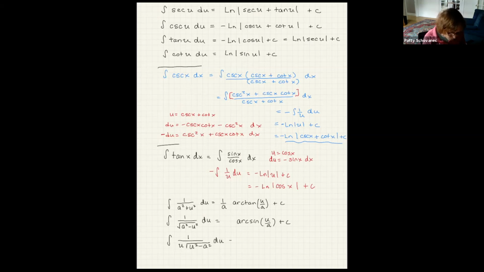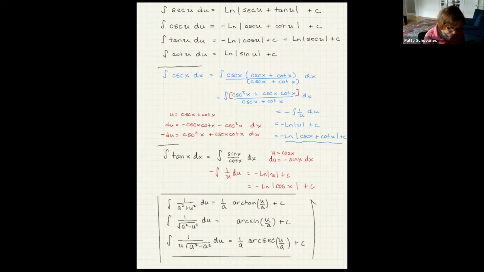That one does have a 1 over a out front, and that's the arcsecant of u over a. These more general forms are the ones that we'll use more often. These are the ones you should really learn. They're more general than the ones I wrote earlier on.